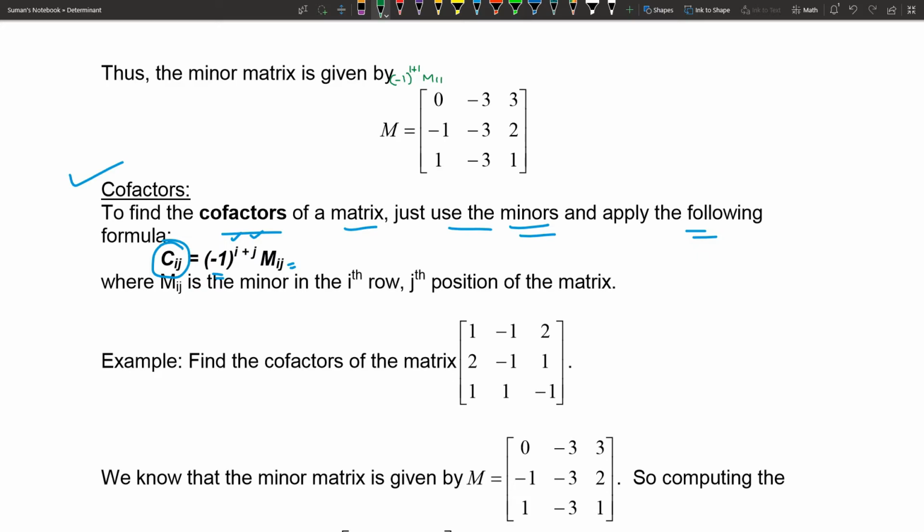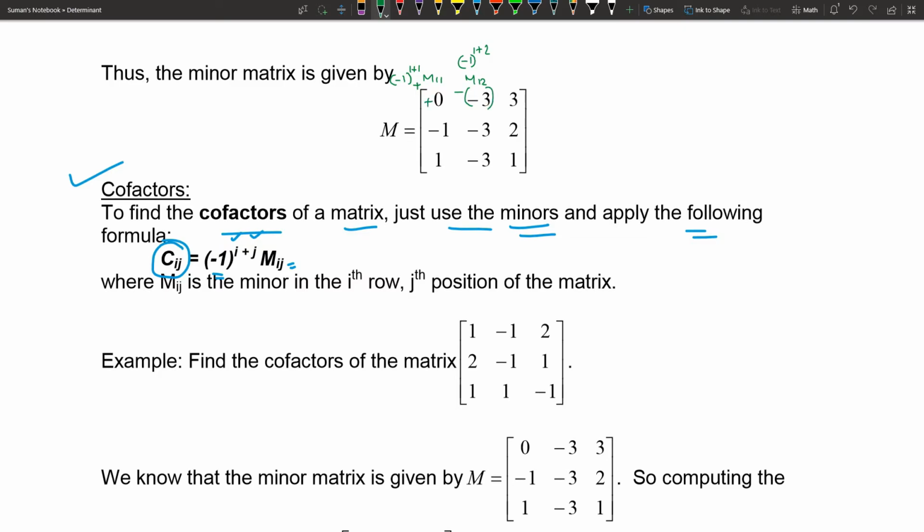That means minus 1 whole to the power 2. So we are getting that one as plus. Next one, M12. So that means minus 1 whole to the power row 1 plus column 2. So that means minus 1 whole to the power 3. Odd. So we are getting that one as minus.